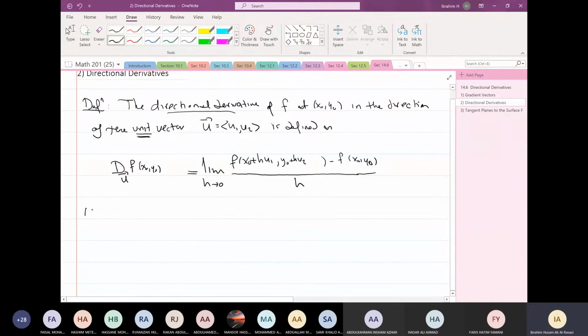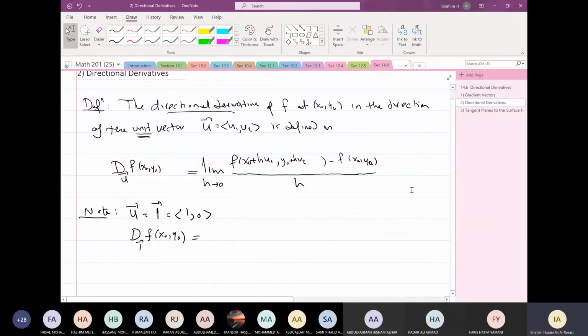Note, if I choose the unit vector u to be i, which is (1, 0), along the x-axis, what is the directional derivative of f in the direction of i at x0, y0? I have to apply the formula.